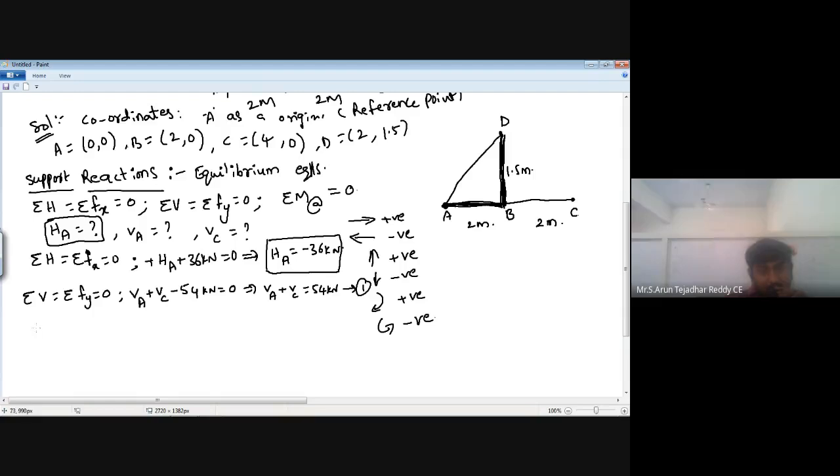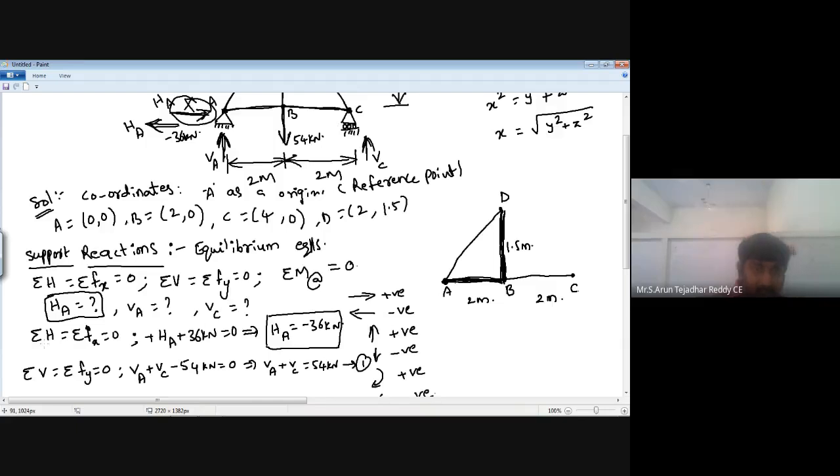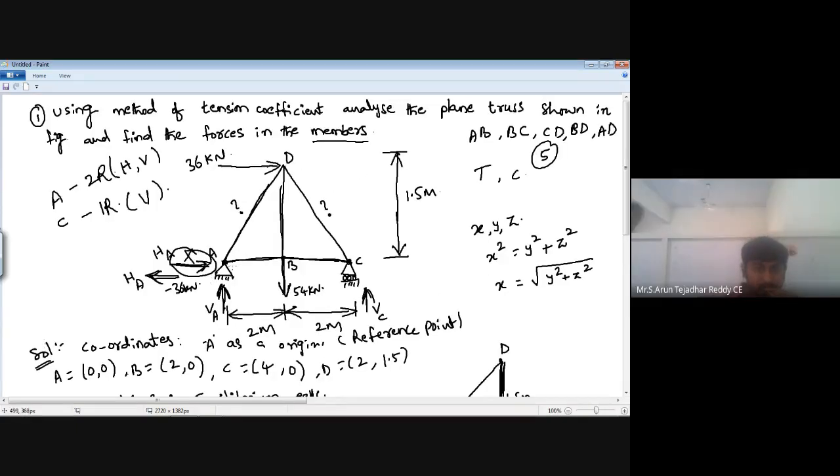Again here VA and VC are unknown, so apply another equilibrium equation. Take moment about any one point. Here I am going to consider moment about A is equal to 0. This is our reference point A. Whatever forces pass through A, the moment is 0.